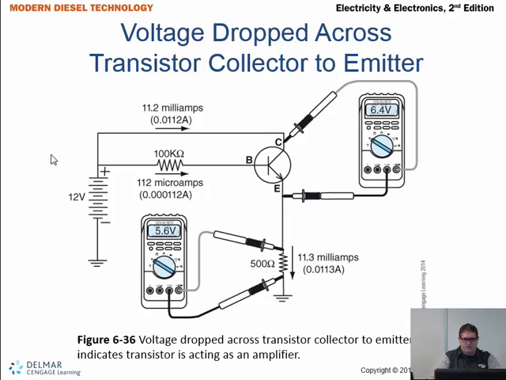All right, voltage dropped across the transistor collector to emitter. So what we're going to see in this case is 6.4 volts dropped across that. And with this 500 ohm resistor here, we're going to see this current draw of 0.0113 amps, or 11.3 milliamps.